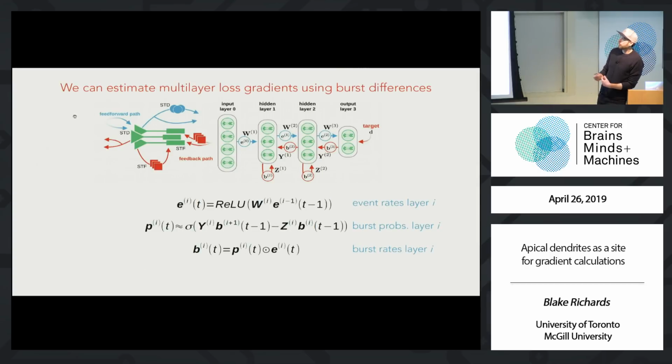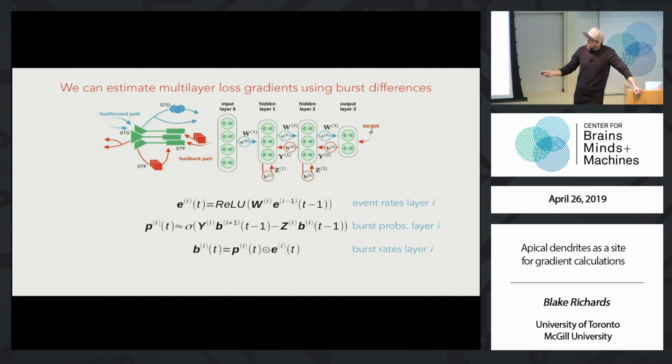Here we're moving to an ensemble level model now. Because we don't yet have the capability of running 1 million biophysical neurons in a deep network, we're moving to an ensemble level model. Just to be clear, we're now approximating the activity of each ensemble with some relatively simple equations. We say that the event rates at layer I are a ReLU function of a linear transformation of the event rates at the layer below.